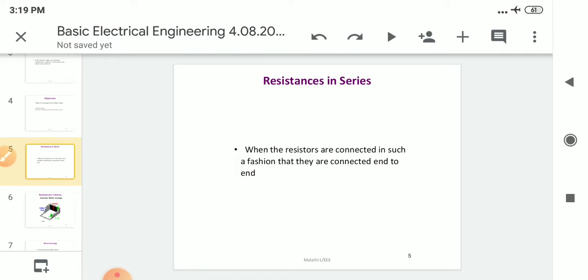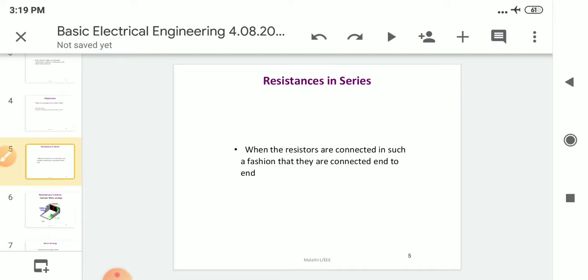Resistance is the most commonly used component in electrical and electronic circuits. It can be connected in different ways along with sources. Sometimes it is connected in series, in parallel, and in a combination of series and parallel.